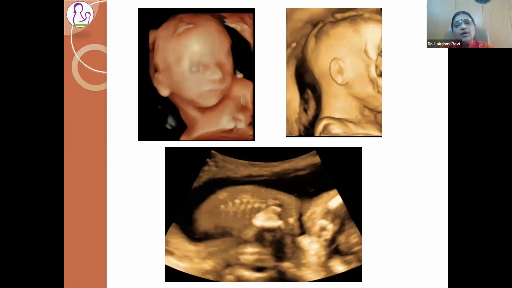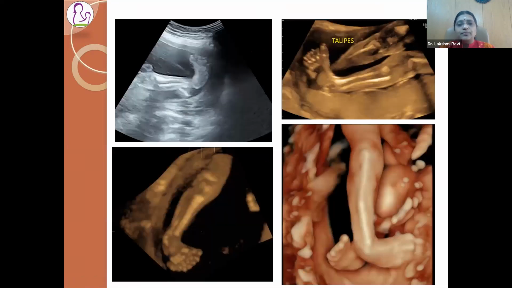The other potential advantages are certain things like ear anomalies and then the scapula. For example, if you have a suspicion of a camptomelic dysplasia, then you would like to assess the scapula and look for scapular hypoplasia. So all these things are additional areas where 3D ultrasound has its own role.